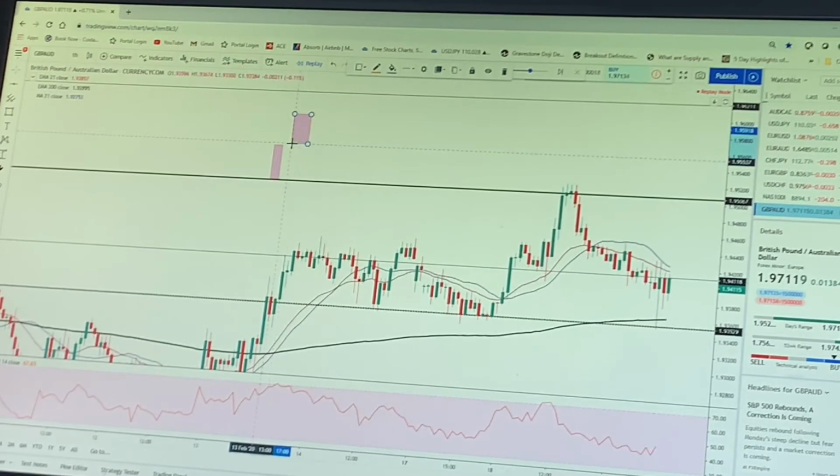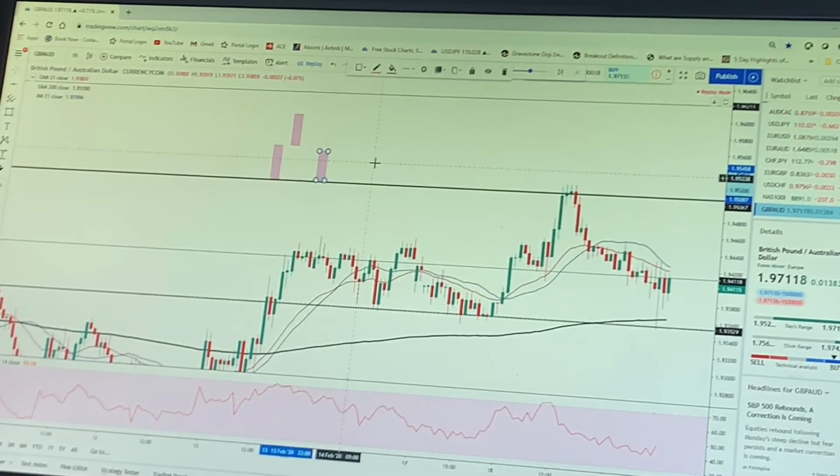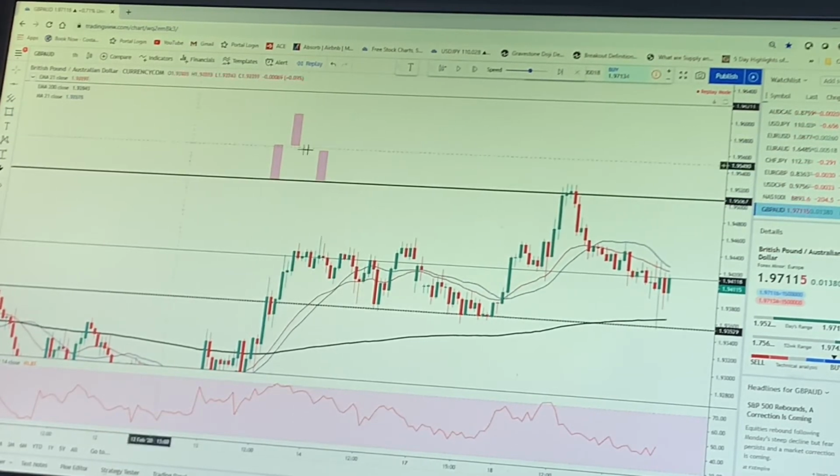All right, so price goes up past this level, but then it comes back down to retest. Now, once price retests a line, then you can go ahead and buy it up. And this is what price does. You always want to wait for a retest of a line.